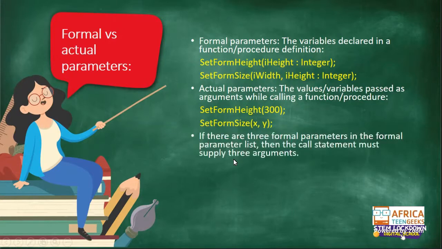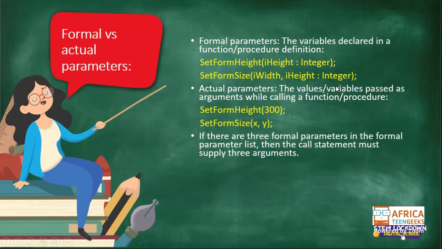Okay. If there are three formal parameters in the formal parameter list, then the call statement must supply three arguments. That's very important. If I define a procedure with one parameter, then to call it I have to give it one parameter.